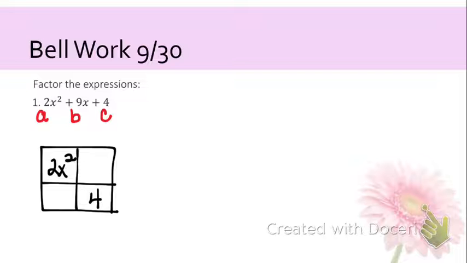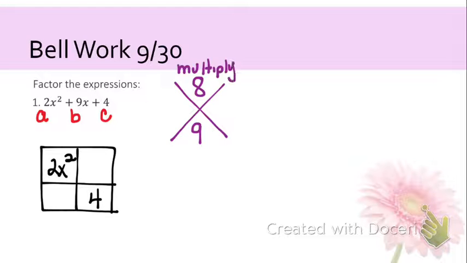Now we need to do our puzzle. 2 numbers that multiply to be 2 times 4. So A times C is 8. Then they add to 9. Don't say it out loud. Give everybody a chance to think of those numbers. They multiply to be 8 and add to 9.